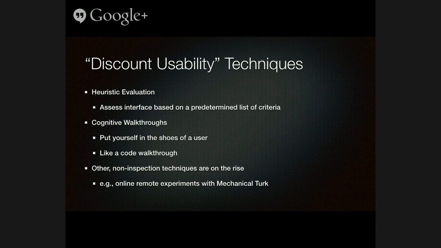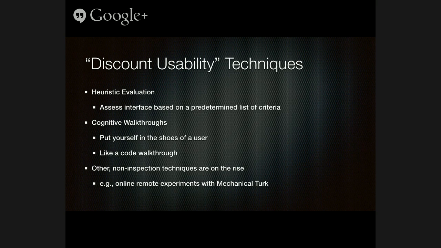And then these other techniques, halfway between real user studies and cognitive walkthroughs, are starting to really take over the world right now. So online remote experiments, things like Mechanical Turk. People know what Turk is? Yes, cool, okay. So Mechanical Turk is this system where you pay people very, very small amounts of money to complete some task.